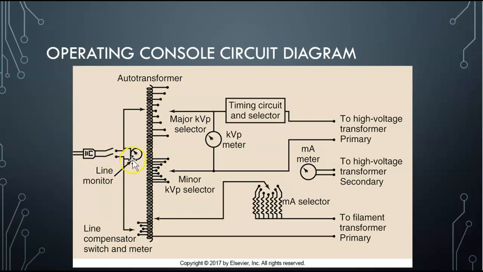We have a line monitor to make sure that the incoming line current is correct. If it's not, we've got this line compensator right here. They work together to make sure it's getting the correct amount, that it's at 220 volts.